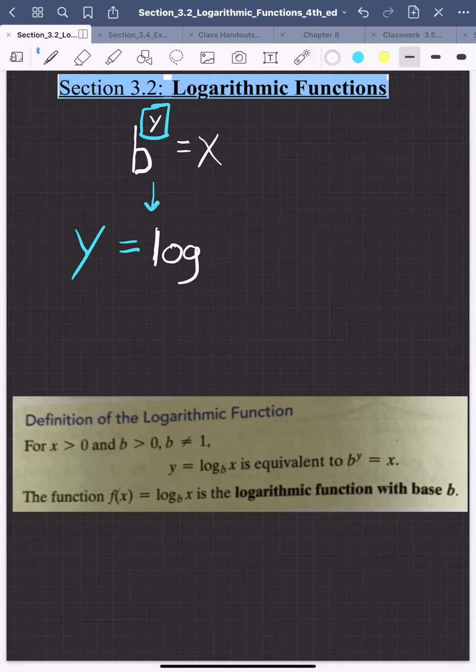The idea of log. And then the base that we were using for exponential functions is going to go here. And then what's inside the log is going to be x.